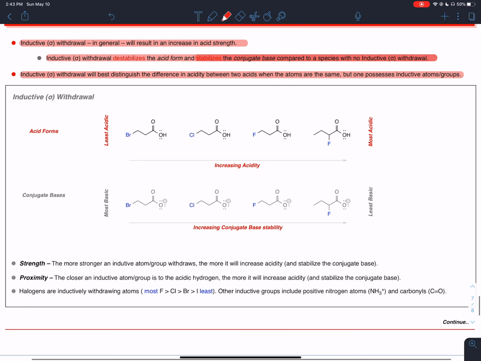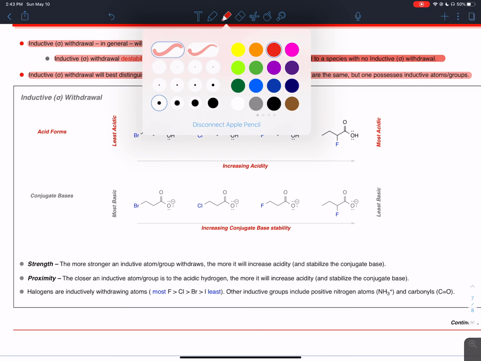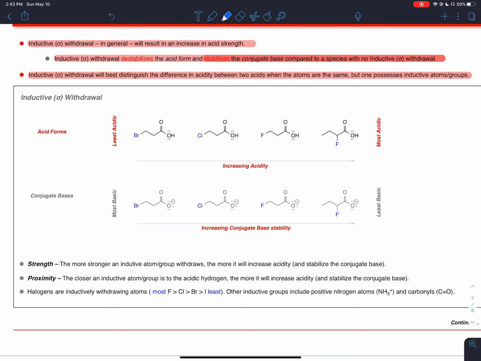Before we do that, I want you to keep in mind always with inductive groups, as opposed to resonance groups, there is a strength and a proximity effect. The stronger the inductive atom or group, the more it withdraws, the more it will increase acidity. Okay, the stronger the group withdraws, the more acidic the acid form becomes.